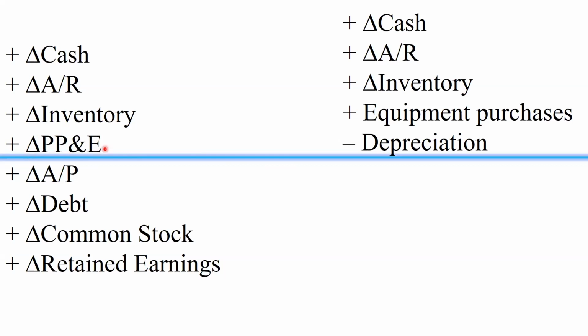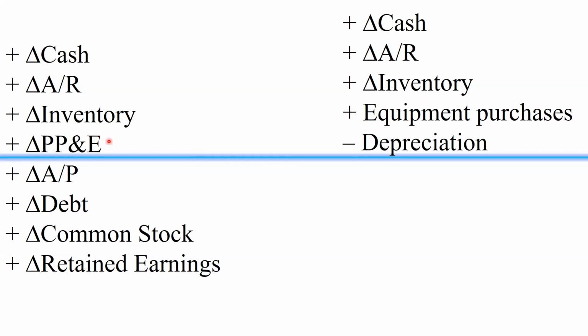So why does the PP&E balance change from the beginning of the year balance to the end of the year balance? It goes up with equipment purchases, and perhaps it goes down with equipment sales. So you can even consider this line item net equipment purchases, so equipment purchases minus equipment sales. But I'm simplifying to just be equipment purchases.